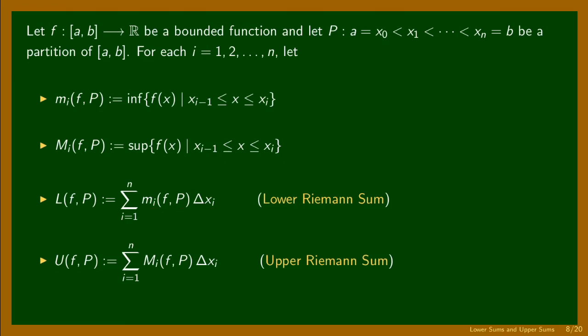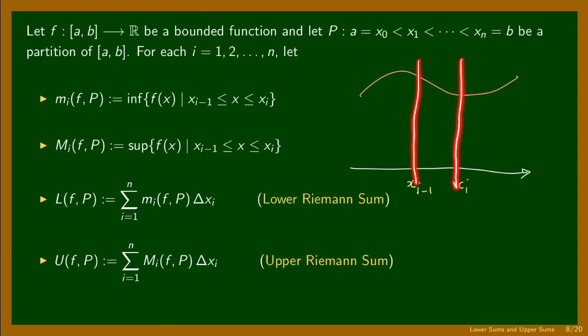So, I think I need to illustrate. So, for example, this is the x-axis, and let's say this is the function. Let us say, ito yung x sub i minus 1, at ito naman yung x sub i. So, basically, we are looking on this interval only. Of course, on this interval, ang titignan natin yung behavior ng function sa loob ng interval na yan.